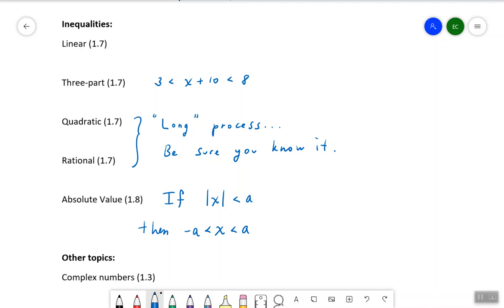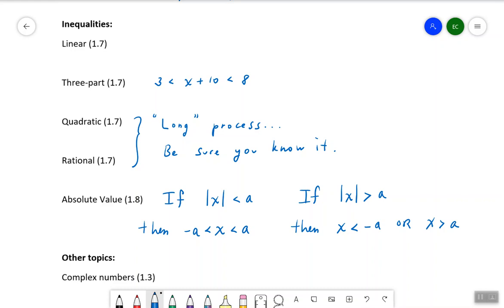And if the absolute value of x is greater than a, then we have 2 disjoint intervals. We have the interval where x is less than negative a, and the interval where x is greater than a.